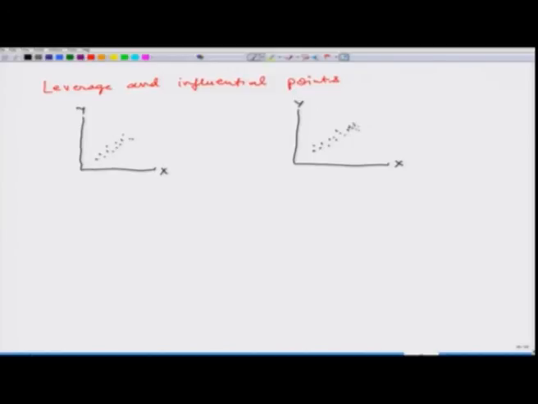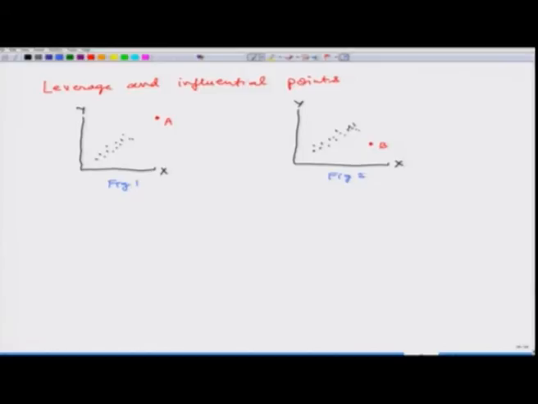Now, we are going to consider two different points. One point is lying somewhere here, let us denote it as point A, and there is another point lying somewhere here, let us denote it by point B. Suppose this is our figure number 1 and this is figure number 2.